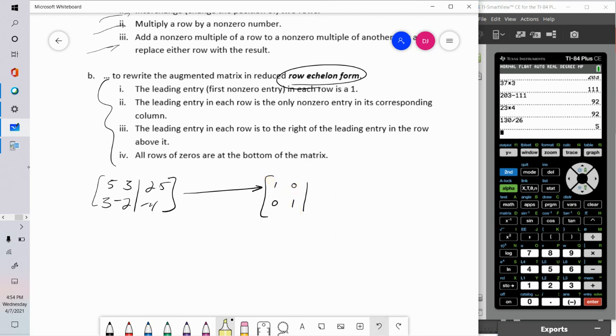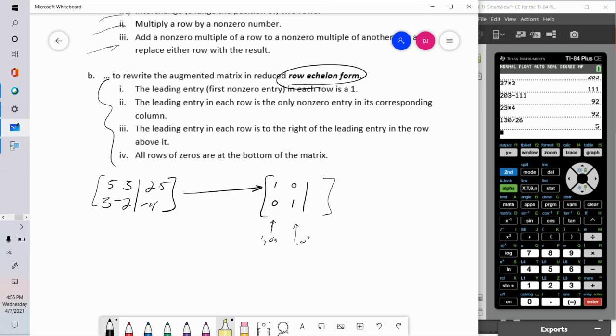There is a particular order in which we get those. We get them one column at a time. In the first column, we get the 1 and then the zeros. We move on to the next column, we get the 1 and then the zeros. You don't work across, you don't work down, you work one column at a time.